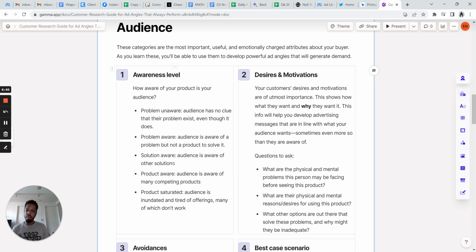So, for example, an example of problem aware is bed sheets that stay on the bed, right? Some people have a top sheet, and when they're making their bed, the top sheet falls off. If you make a bed sheet that stays on the bed, there's a company that does this called Kite Linens.